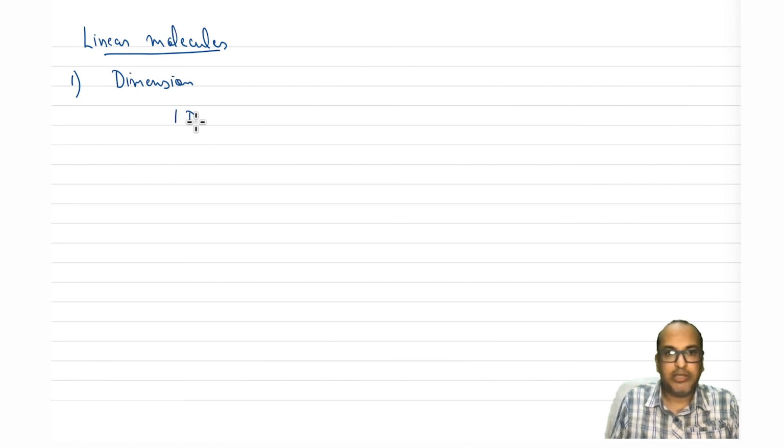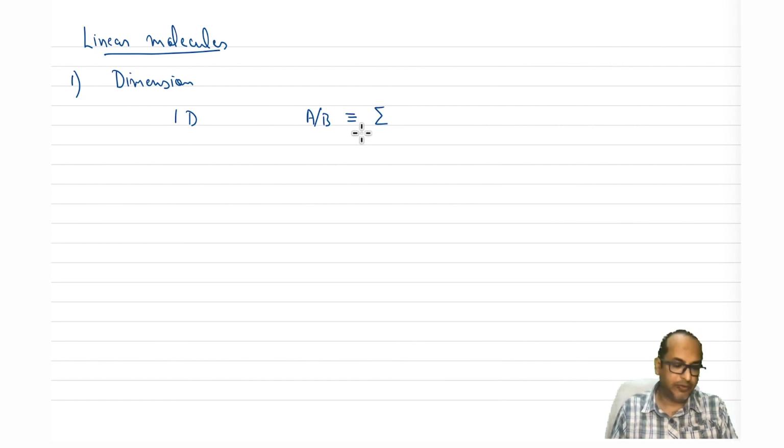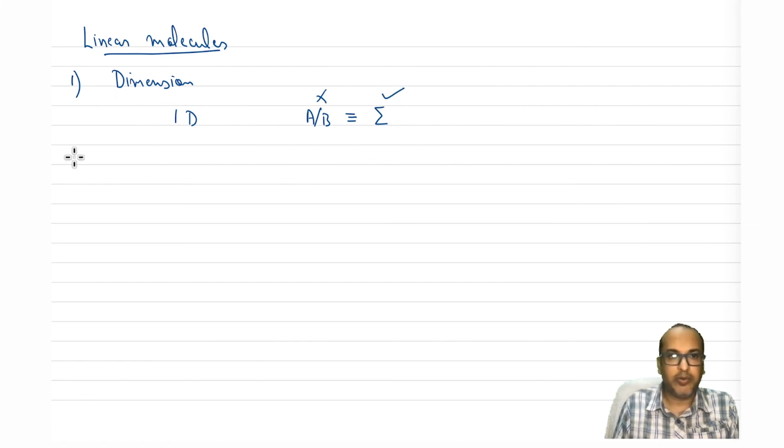If it is one-dimensional, it is usually called A or B in non-linear molecules, which in this case is equivalent to sigma. So we don't write A or B here, we write sigma in linear molecules.